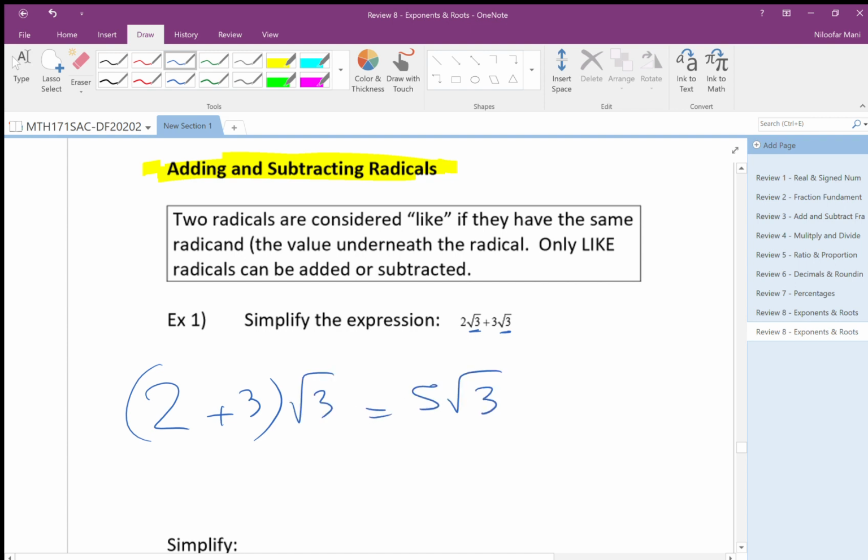Done. I know you can use your calculator and show me this answer as a decimal. I know. But it's good that you know it, because it's useful for your math 273 when we do derivatives with first principle. So you will see this.